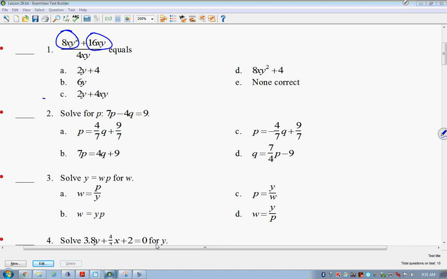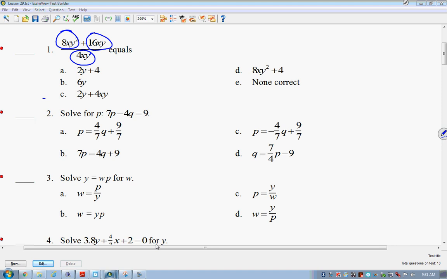16xy and 4xy. Okay? So what I want to know is what do all three of those have in common? They all have an x and a y in terms of the variables, right? What do they have in common number-wise? They're all even.